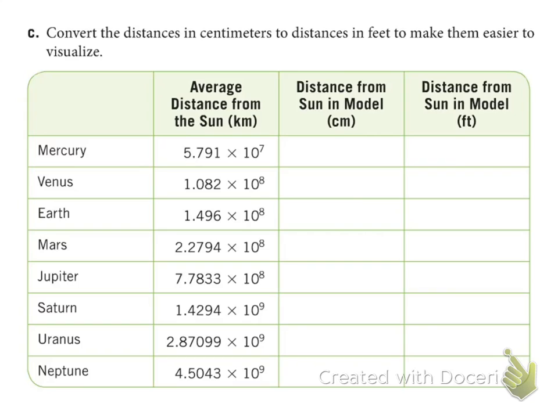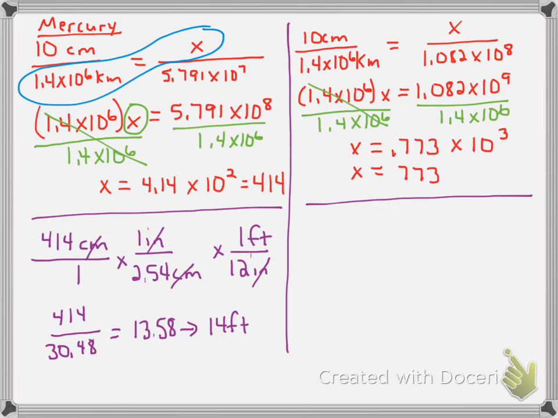How come you wouldn't multiply by the 10 cube? Well, just a sec. Let me fix this. 773. Okay, Cody, what's your question? How come you wouldn't multiply it? Oh, you did. Never mind. You're good. I forgot about the decimal. Okay. Other questions?